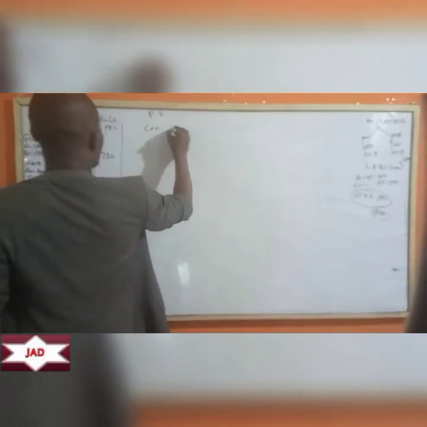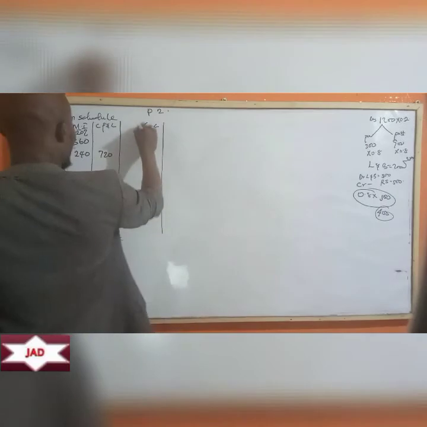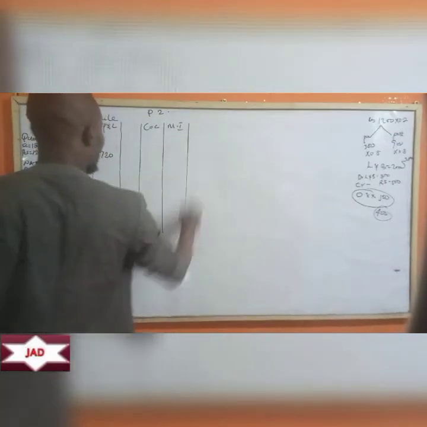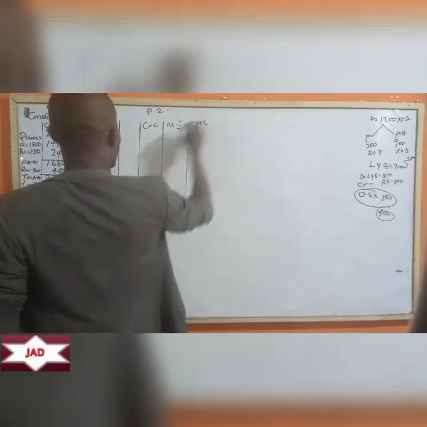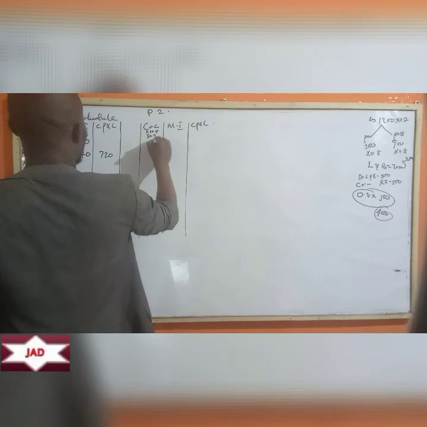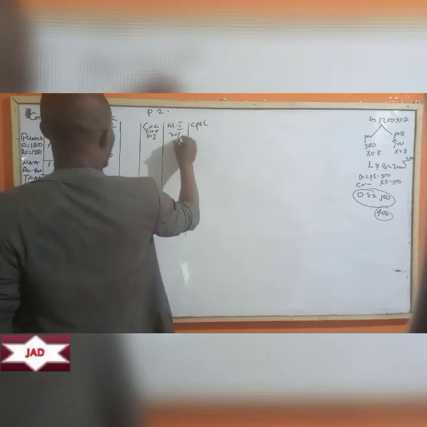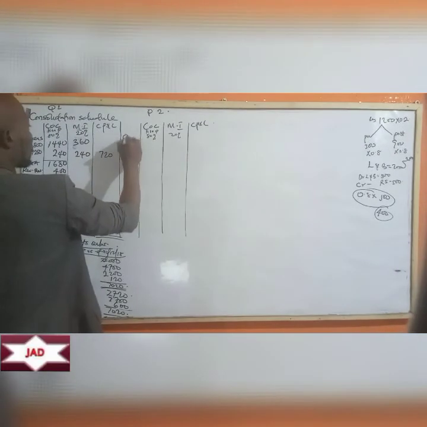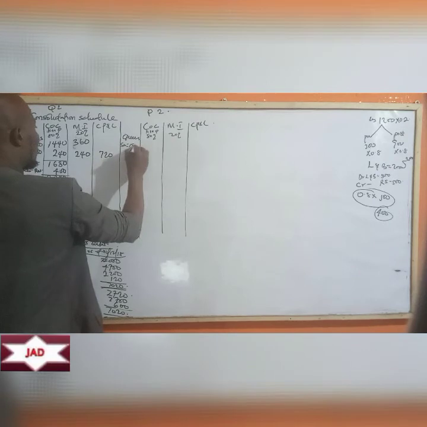Cost of control, minority interest, CP and L. This is the Kings in Queens, which is 80%. We have 20% here. Then we have this. So of course Queens share capital is still 1,800.